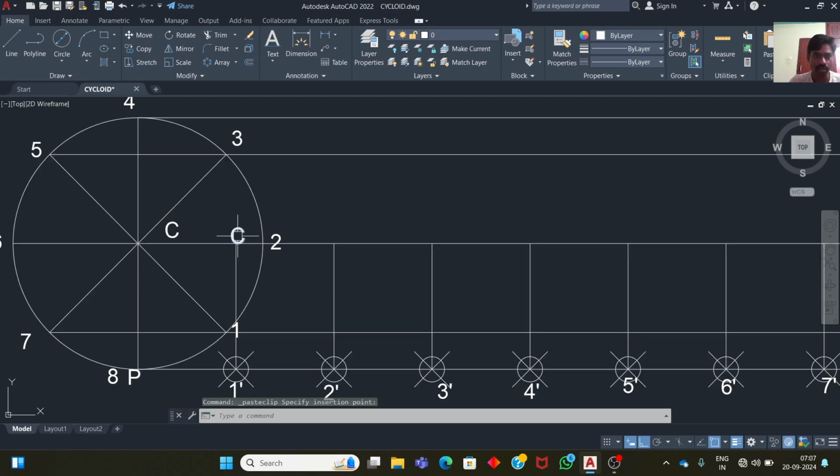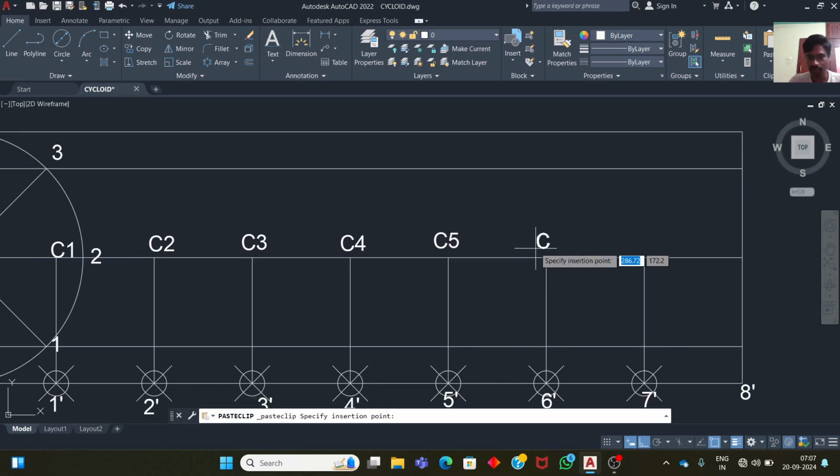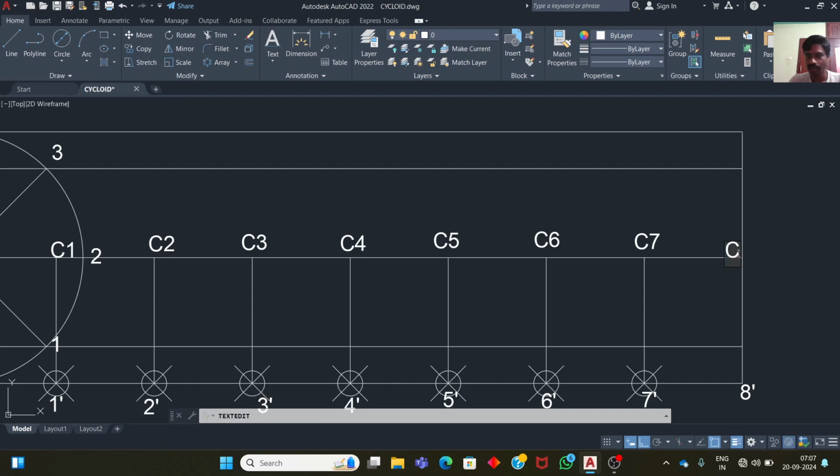This is C1, this is C2, C3, C4, C5, C6, C7, and finally C8.